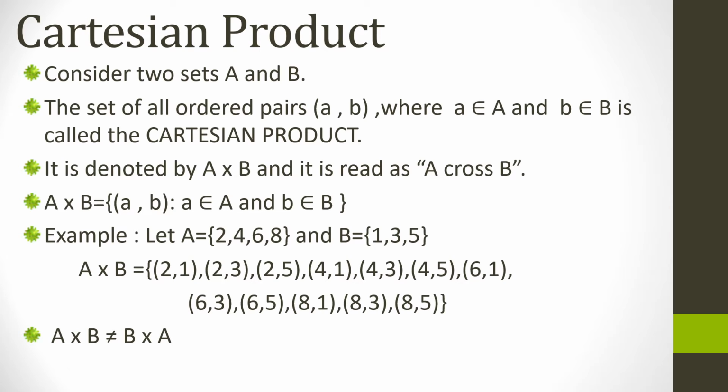So we write here (2,1), (2,3), (2,5), then (4,1), (4,3) and (4,5). Then the third element from set A: (6,1), (6,3), (6,5), and the last element from A: (8,1), (8,3) and (8,5). This way we have to calculate the Cartesian product. Always remember one thing, that A cross B is not equal to B cross A.